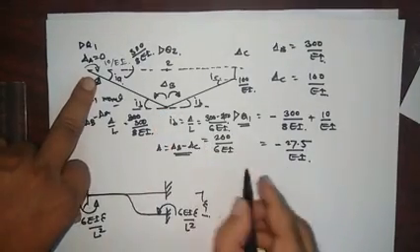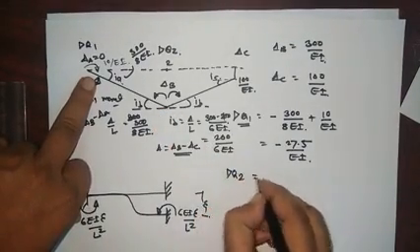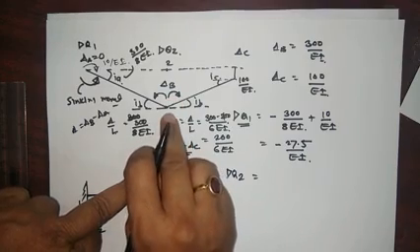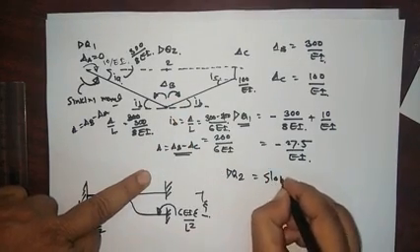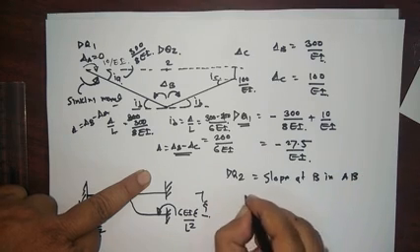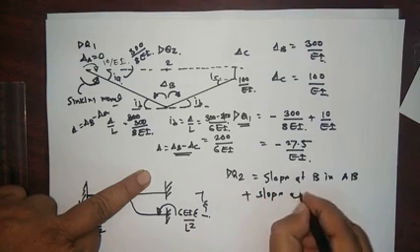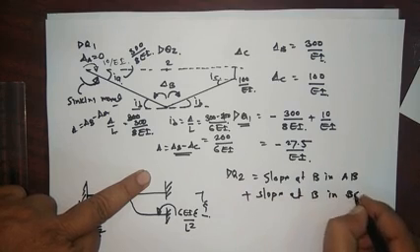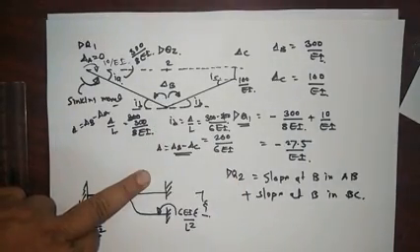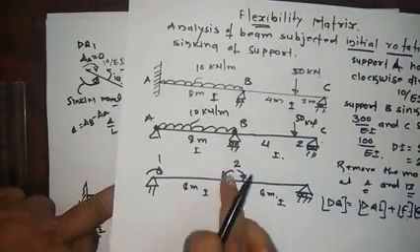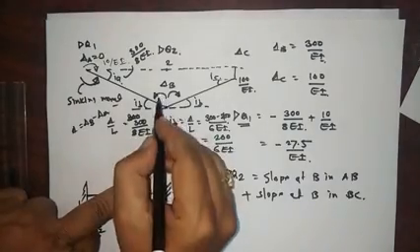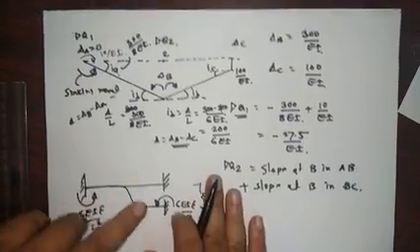Now dq2 is equal to the slope developed at 2 due to the sinking. So the slope at B in the AB span plus the slope at B in the BC span. The developed slope and the assumed direction, both are the same, that is why both are plus.